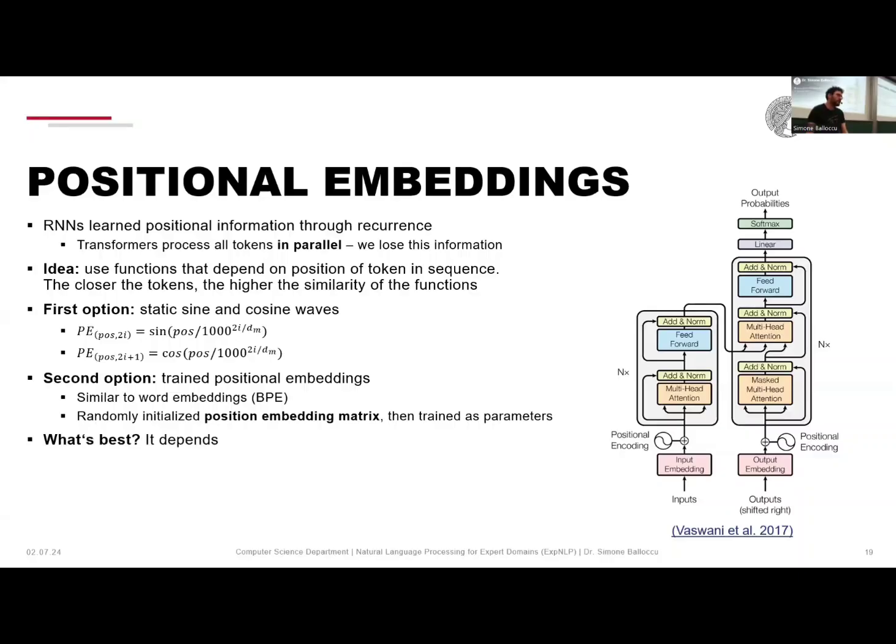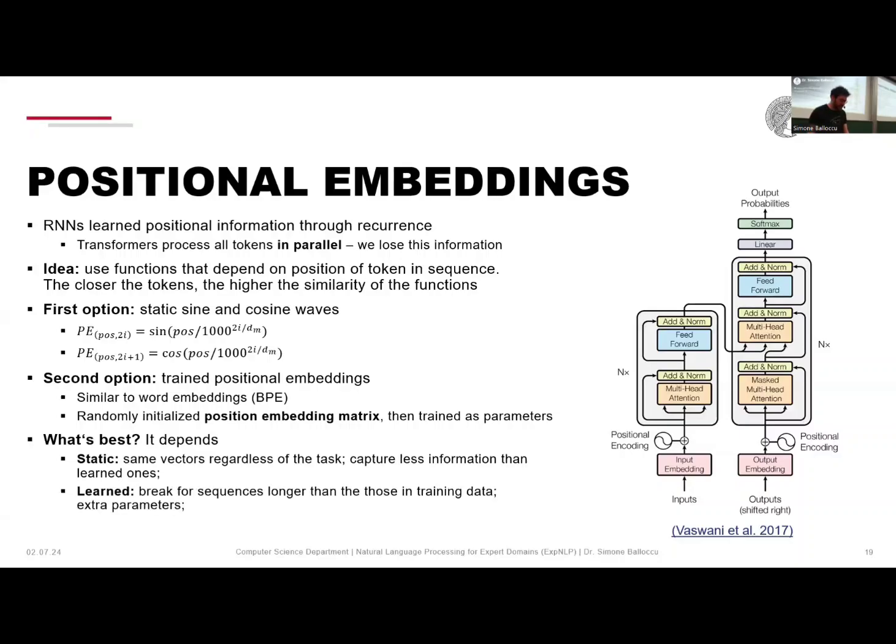Which one should we use? It depends. Both have strengths and weaknesses, and I'm going to be negative and focus on the weaknesses. The static one has the same vectors regardless of the task. So whether it is sentiment analysis, text generation, summarization, or toxic hate speech detection, the position embedding is the same function. So it's a bit limiting.